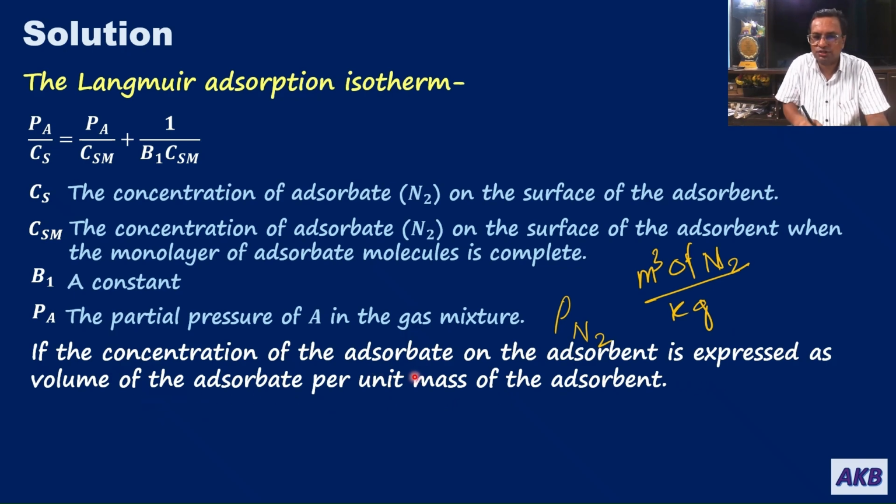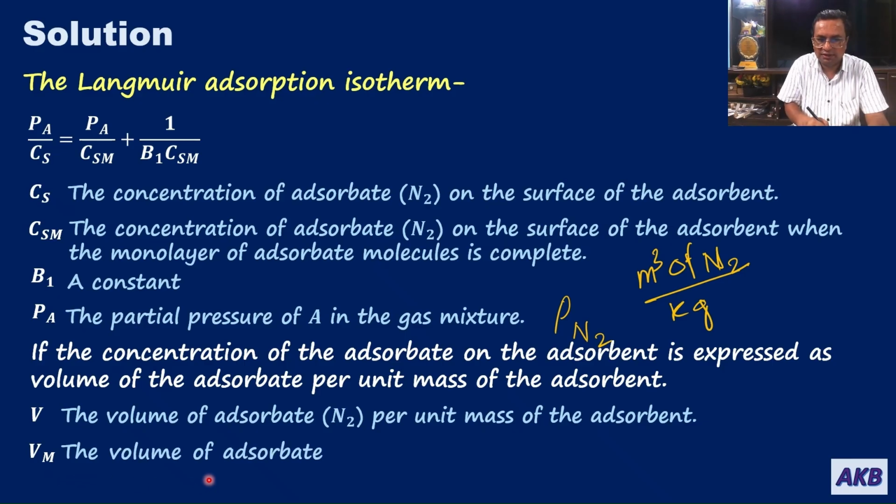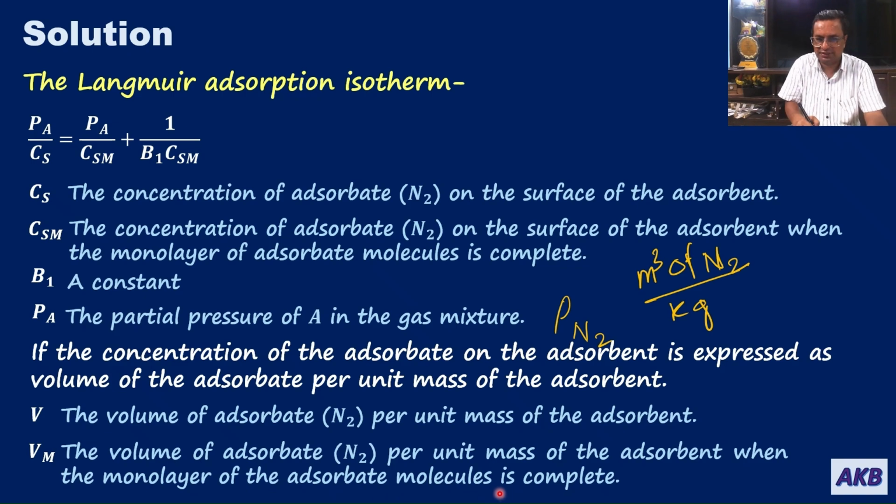So if the concentration of the adsorbate on the adsorbent is expressed as volume of the adsorbate per unit mass of the adsorbent, then capital V will be the volume of adsorbate, which is nitrogen in this case, per unit mass of adsorbent, and Vm will be the volume of the adsorbate per unit mass of the adsorbent when the monolayer of adsorbate molecules is complete. I just talked about Csm.